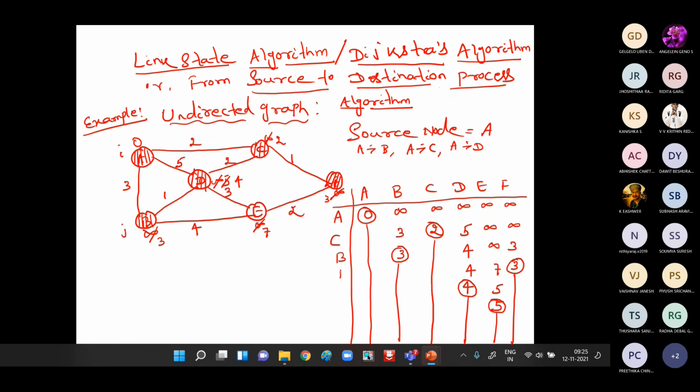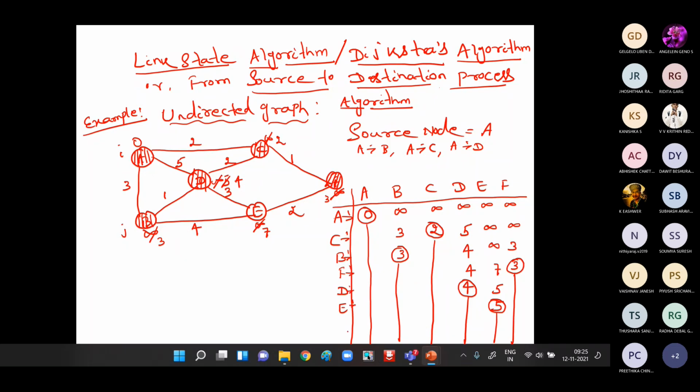This is F, this is D, and this is E. Here it is D, and exactly here it is E. So this is for this row, this is for this row, this is for this row, this is for this row.